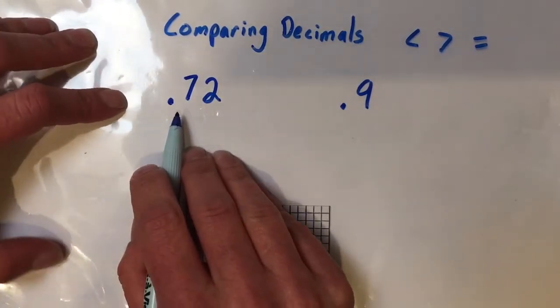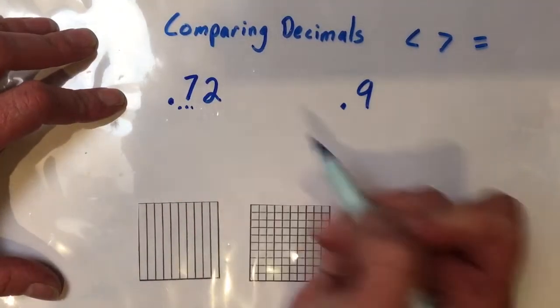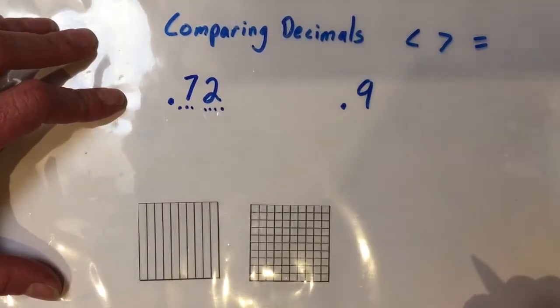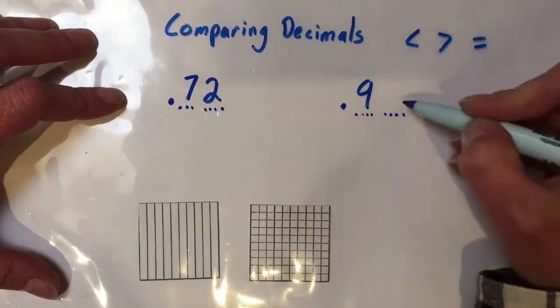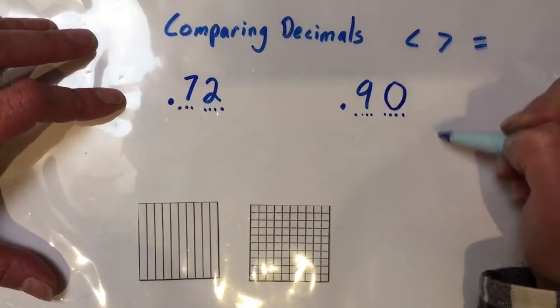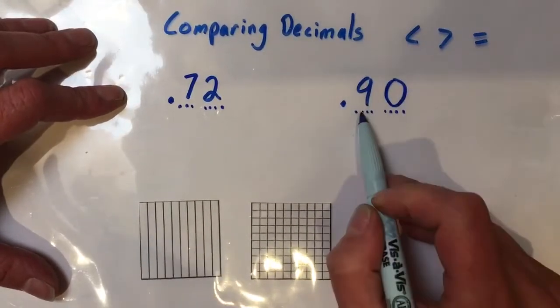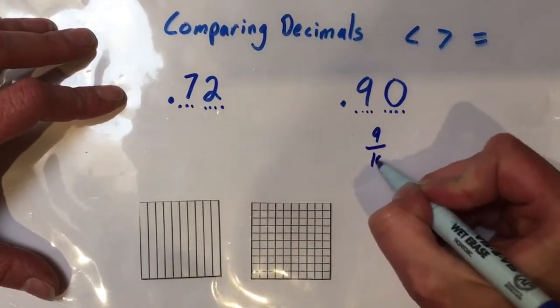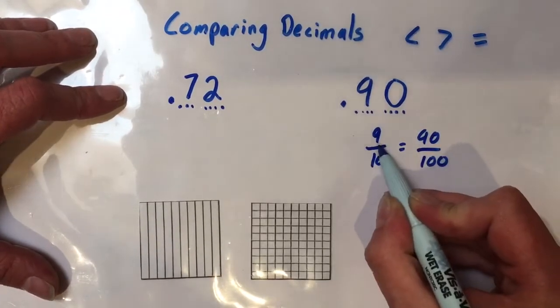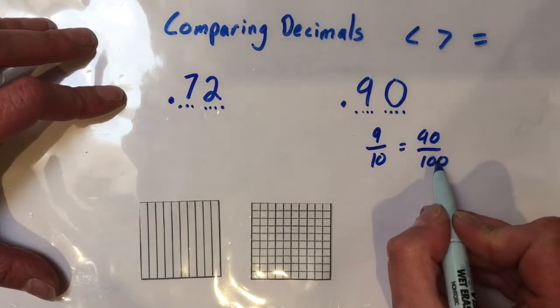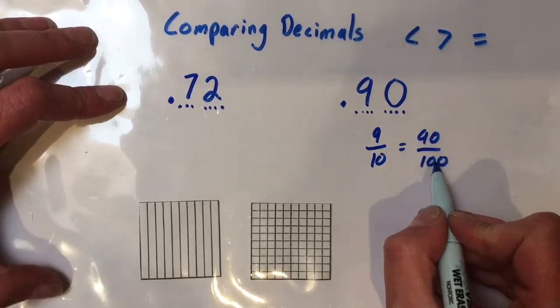So if I'm going to use my easy trick, this number has 2 digits in it. I need to make sure this number has 2 digits. Does it hurt anything to put a 0 here? No, it does not, because 9 tenths is equivalent to 90 hundredths. 9 dimes is the same thing as 90 pennies.